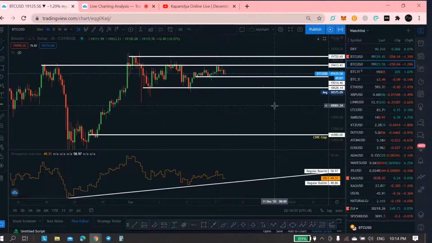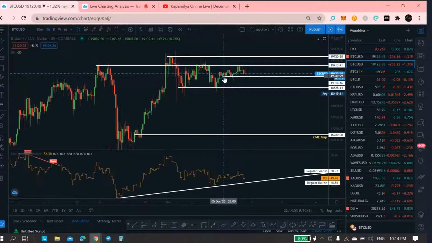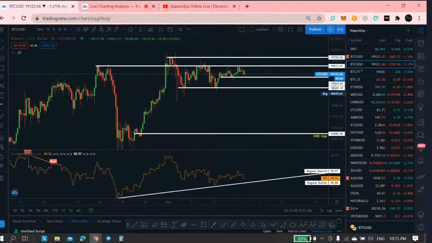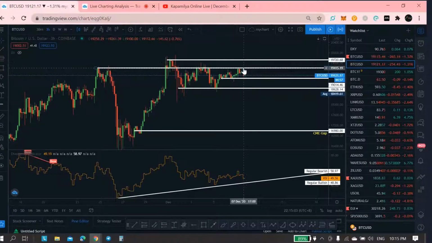Seems like it is trying to break this 19,400, but it's getting hard to break that area. So with that, I'll just wait for a clearer direction of Bitcoin at the moment.